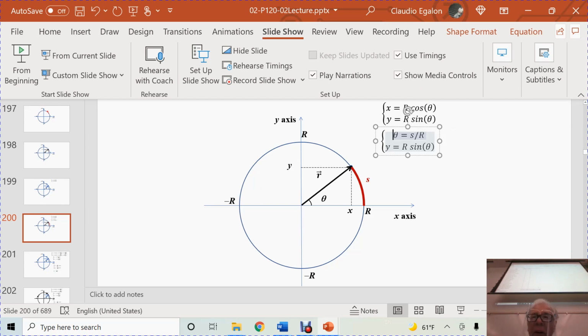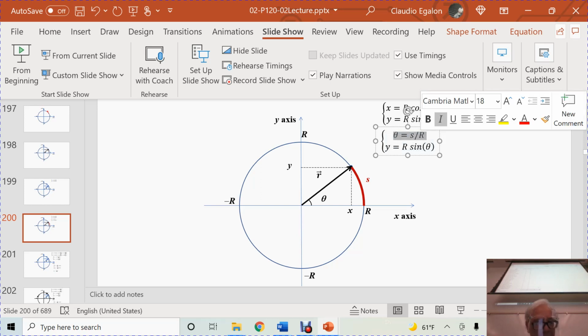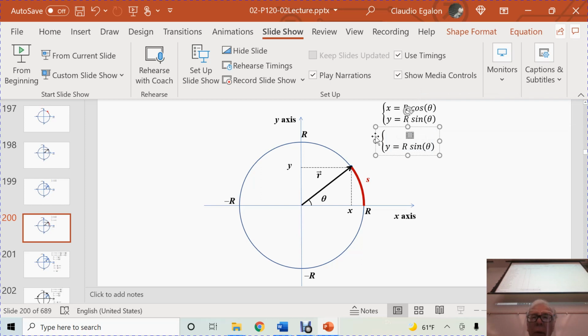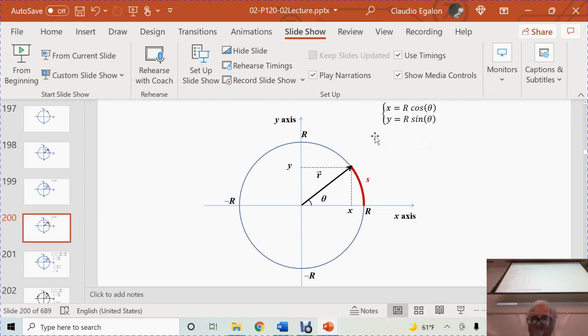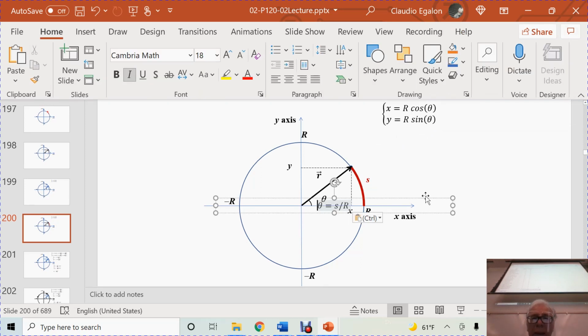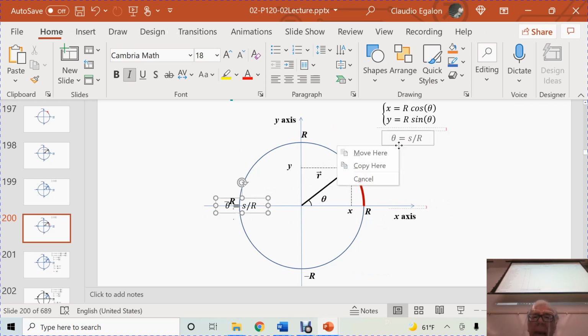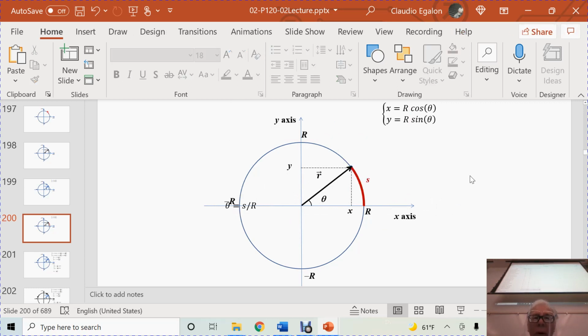That's the real definition of angle. Do you have any idea why we came up with this measurement of angle in degrees, and then we forget that the real definition of angle is in radians.